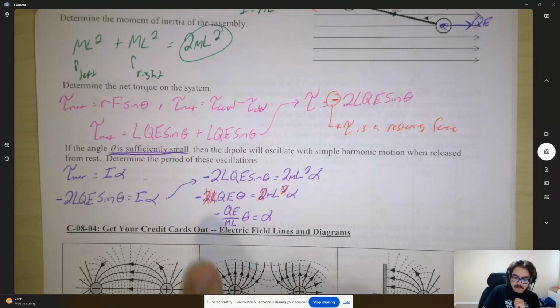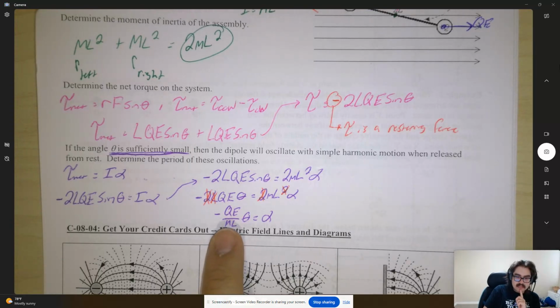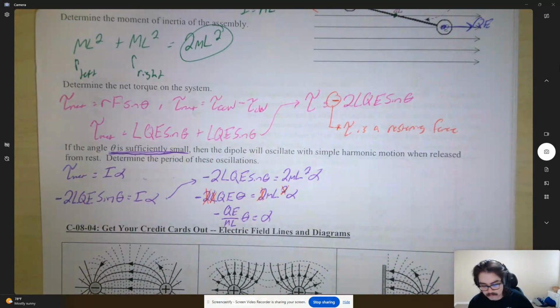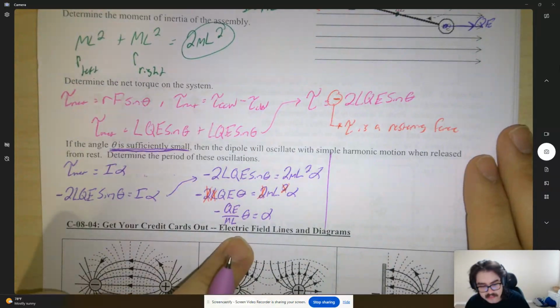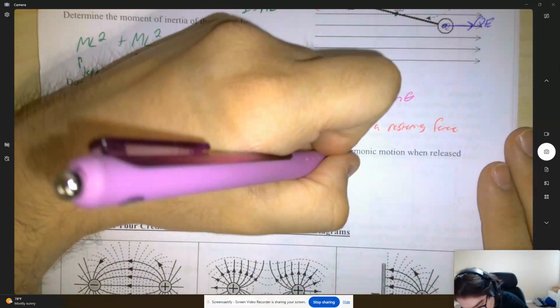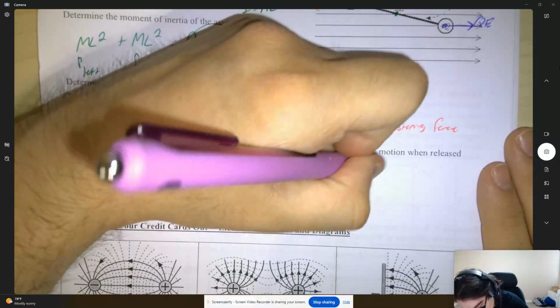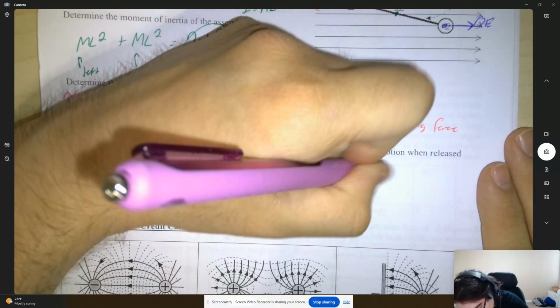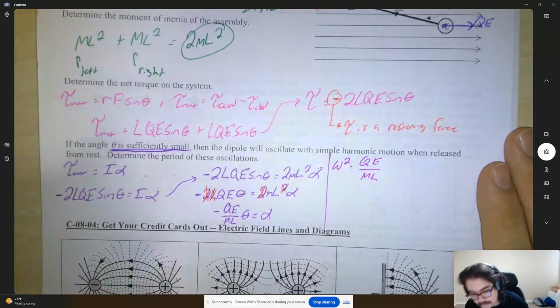This part right here is going to be my negative omega squared. If I drop the negative, then omega squared is equal to Q E over m L.